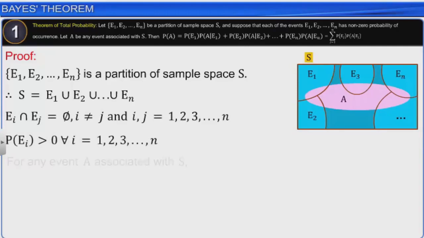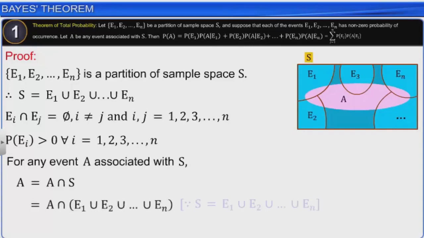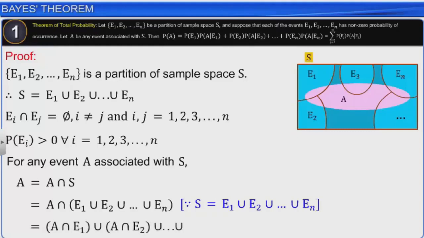Now, for any event A associated with sample space S, A is equal to A intersection S. Since S is the union of all the events of the partition, A is equal to A intersection, the union of all the events. Now, by the distributive law of intersection over the union, A is equal to the union of A intersection E1, A intersection E2, and so on till A intersection En.